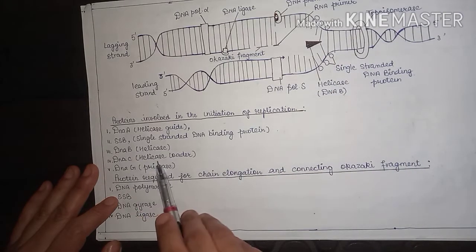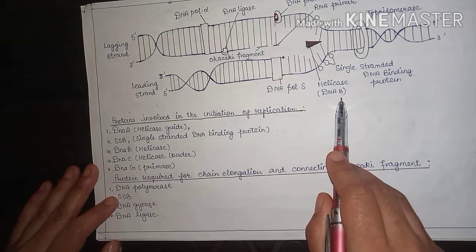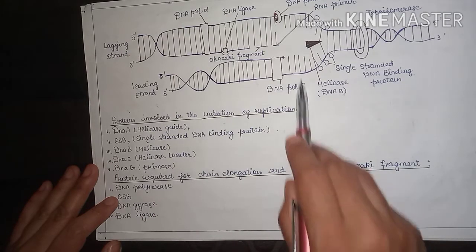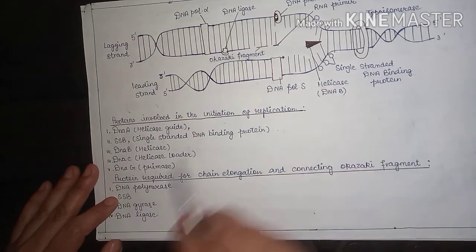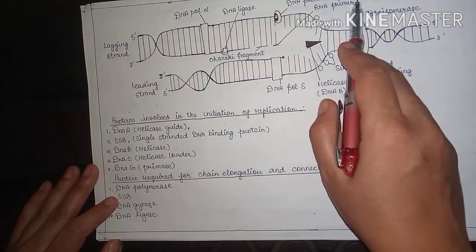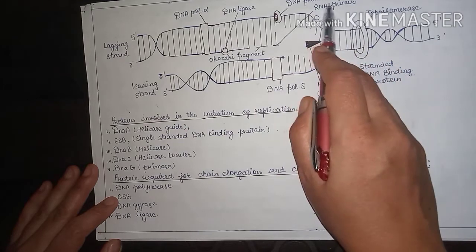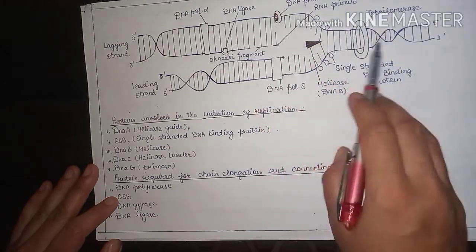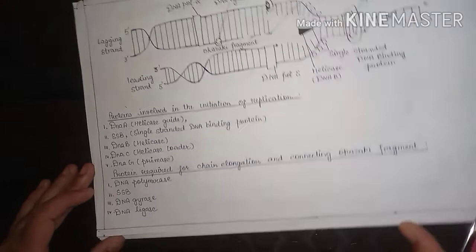DNA C is the helicase loader. This also helps to load the enzyme to the specific position. And the DNA G enzyme, that is primase, helps in priming the DNA elongation, or helps to perform the DNA replication activity, right?